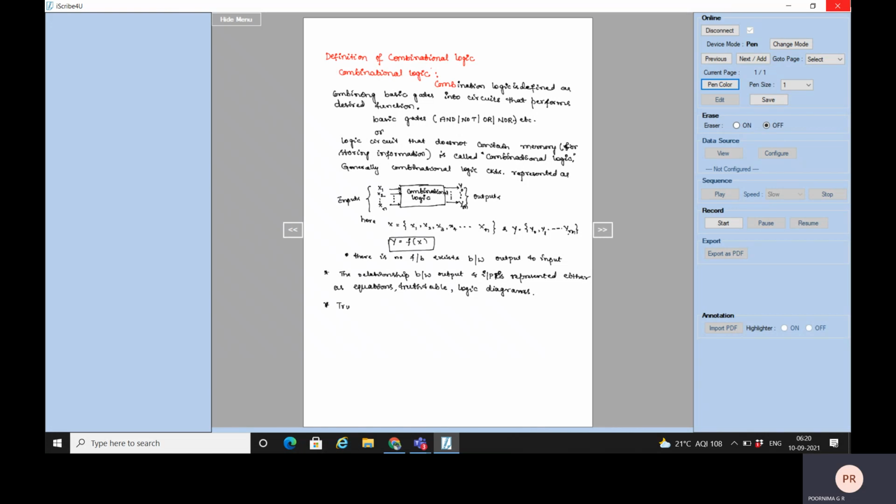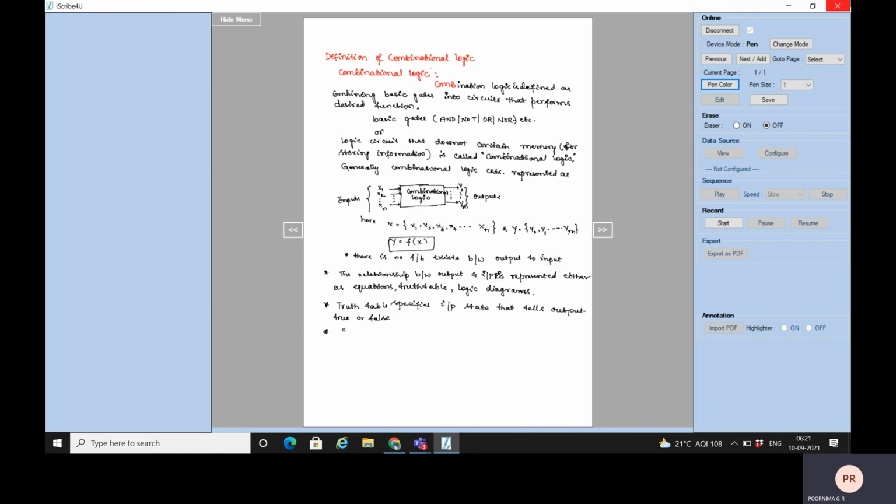When you take the truth table, it specifies the input state that tells the output true or false. So this is how you can define the truth table.